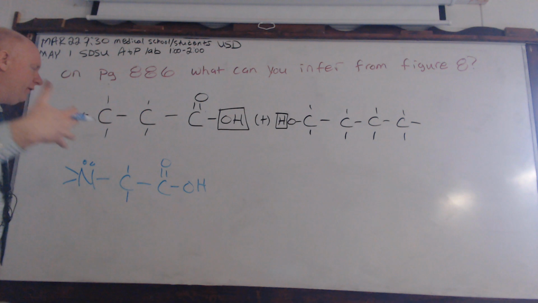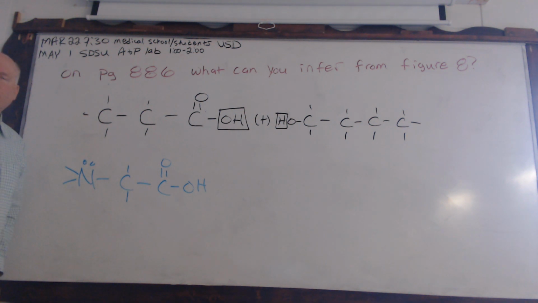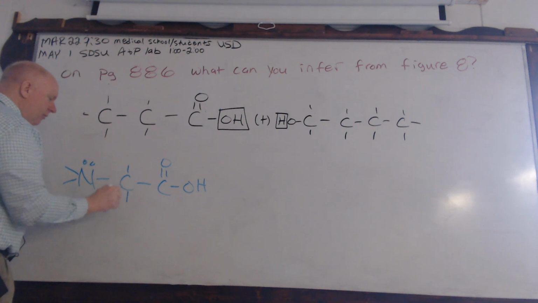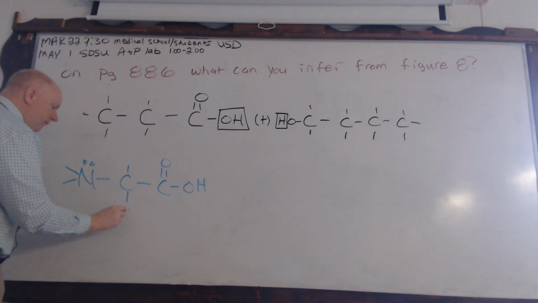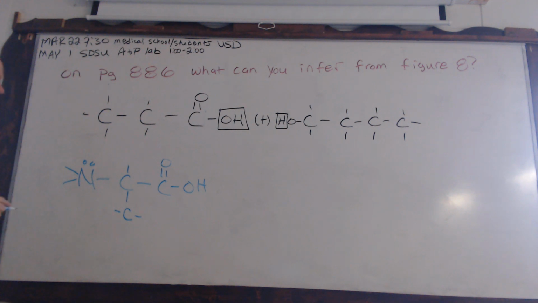Each and every one of these amino acids follows a general pattern. There's always going to be at least one what off this carbon? Oxygen. Well, that's part of the family. There's at least one CH2 group, okay?